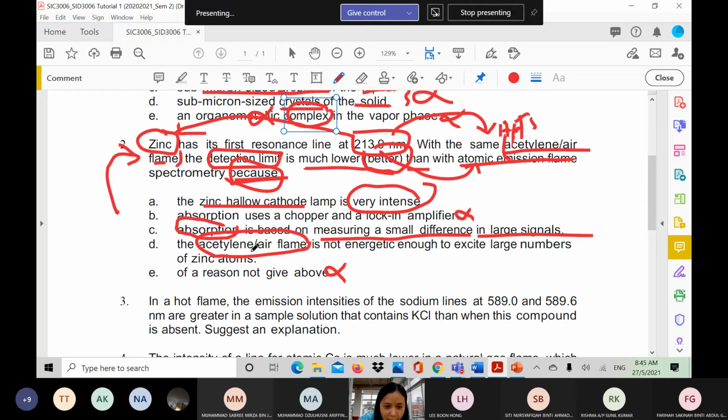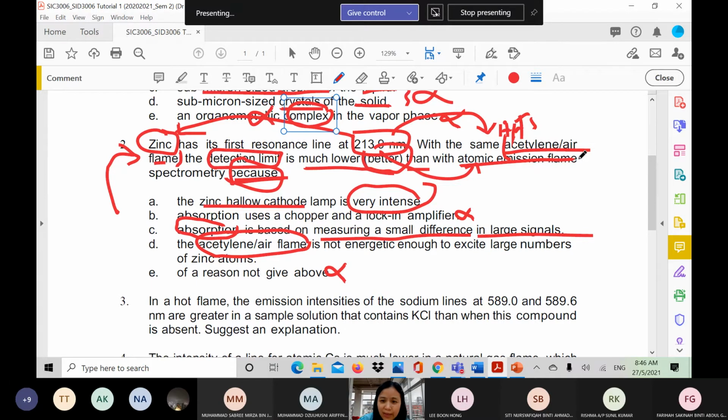So if it is a low energy source, it can perform atomization, but it might not perform well, or might not fully atomize, and also might not cause all the neutral unexcited atoms to get excited. If in AES the target analyte is not fully atomized and not excited to the excited state, when it relaxes, it won't emit the full radiation signal to represent the concentration of the target analyte, right?